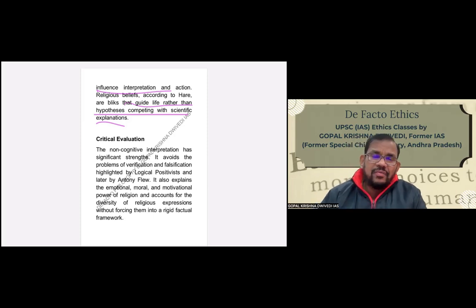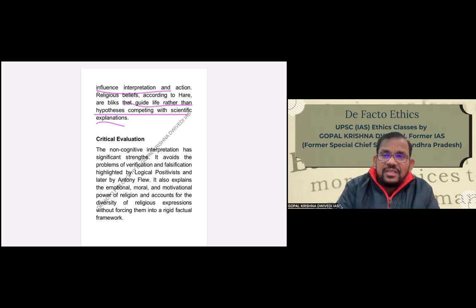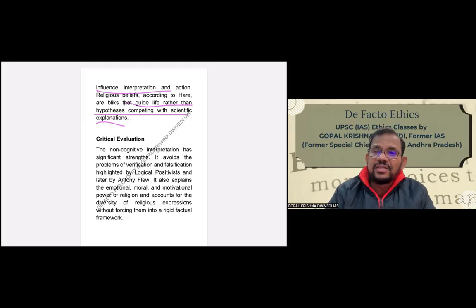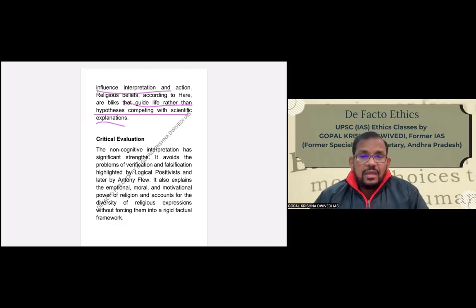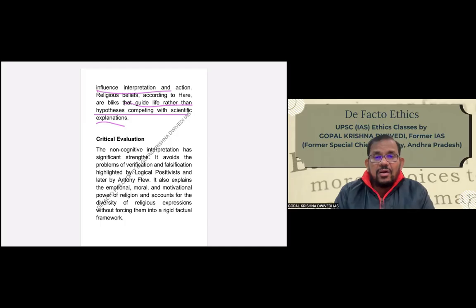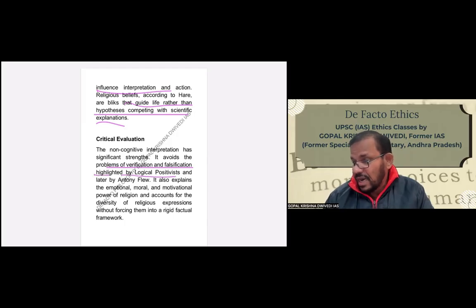So now, in brief, we have discussed the non-cognitive view of religious language. Let us try to find out what are the critical points against this non-cognitive view. Non-cognitive view definitely has strengths and also weaknesses. Strengths, because it avoids the problems of verification and falsification, which were highlighted by logical positivists and also later philosophers like Anthony Flew.